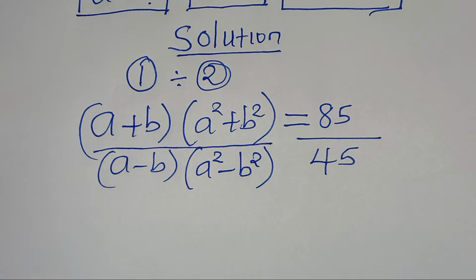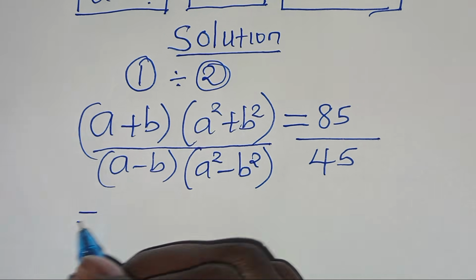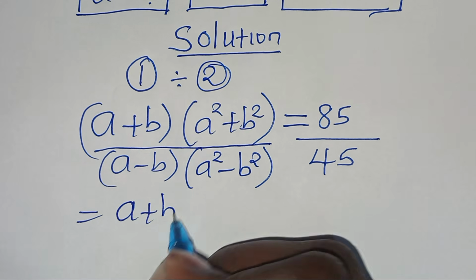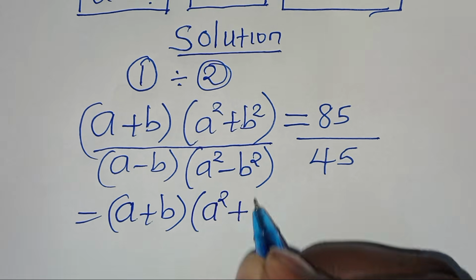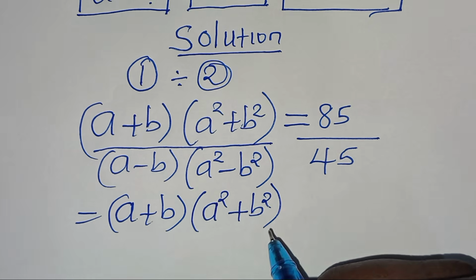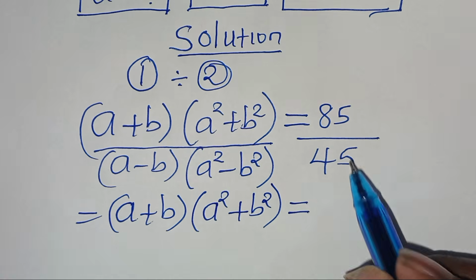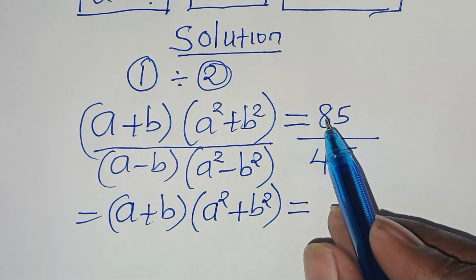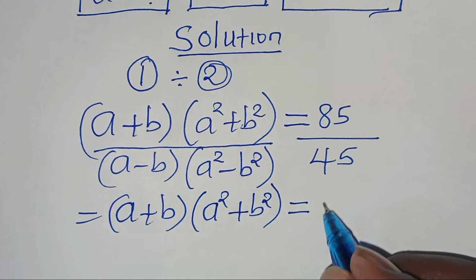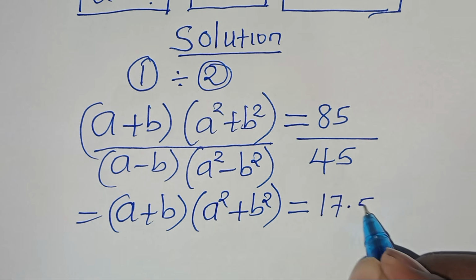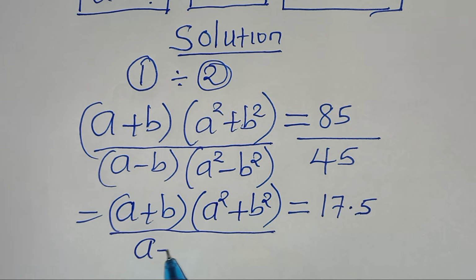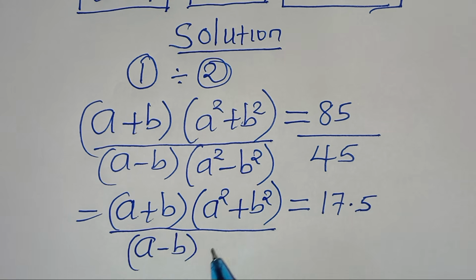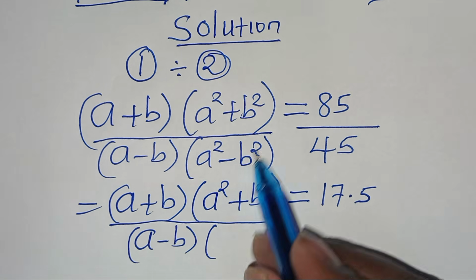The next step is that in the numerator we have (a plus b) multiplied by (a to the power of 2 plus b to the power of 2). This is equal to, we can express 85 as 17 multiplied by 5, then divided by (a minus b) multiplied by (a squared minus b squared).